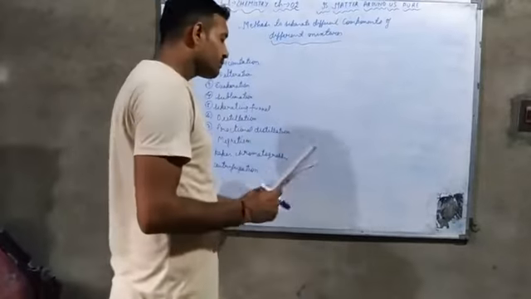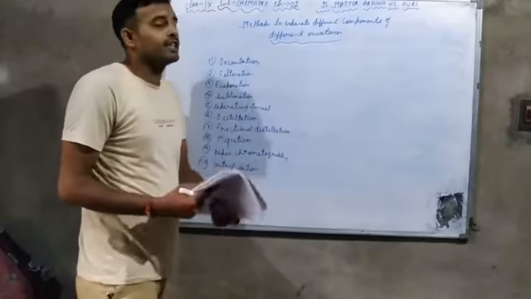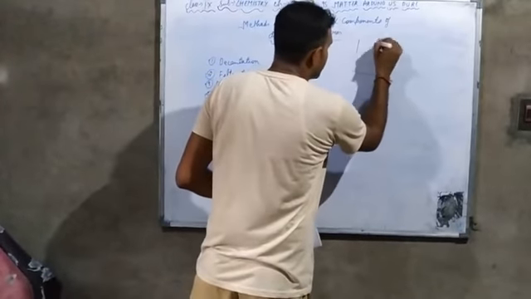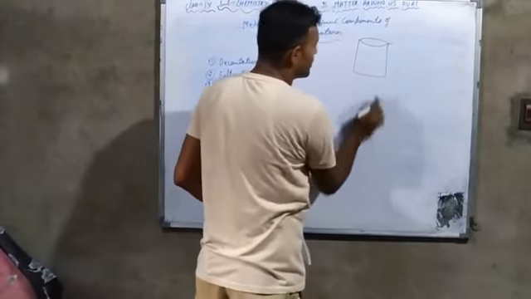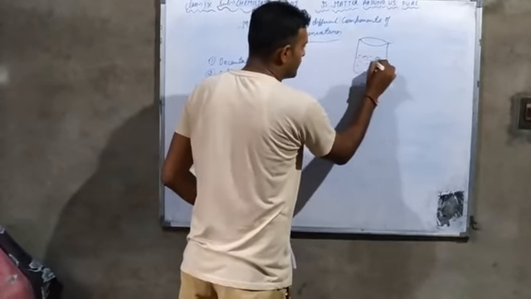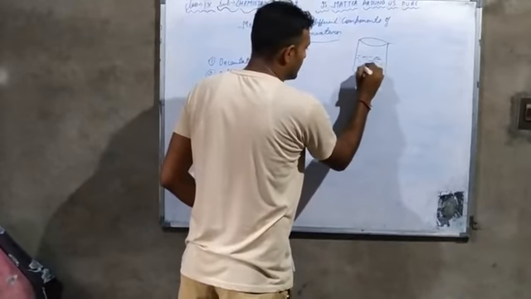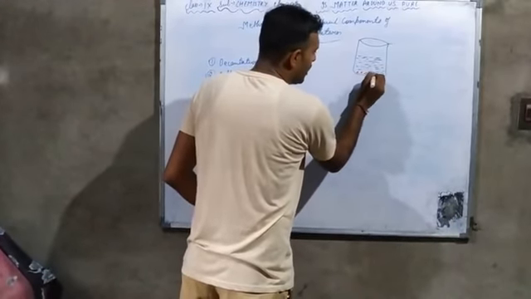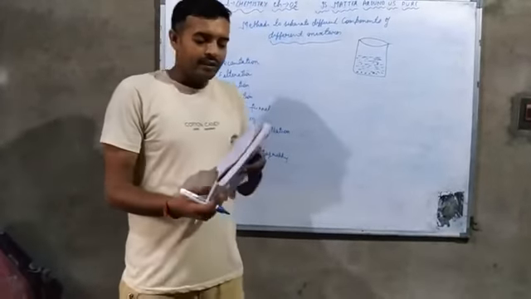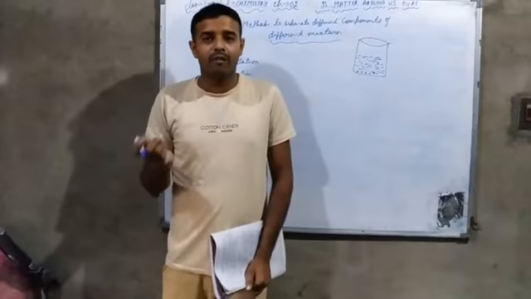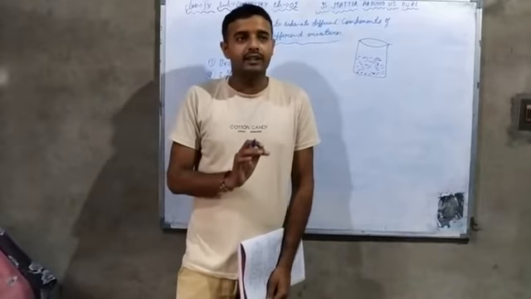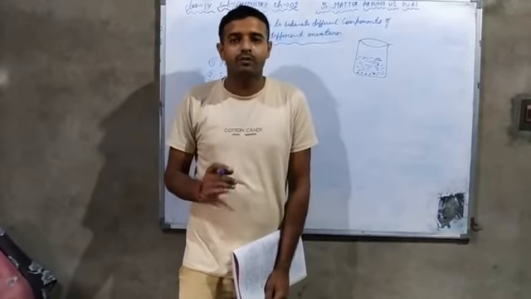Okay. So the first one is decantation. Now suppose there is a mixture of water and small pieces of stone, like tap water. In the rainy season, the water that comes from our tap is very dirty, with impurities. So in that case, what will we do first?